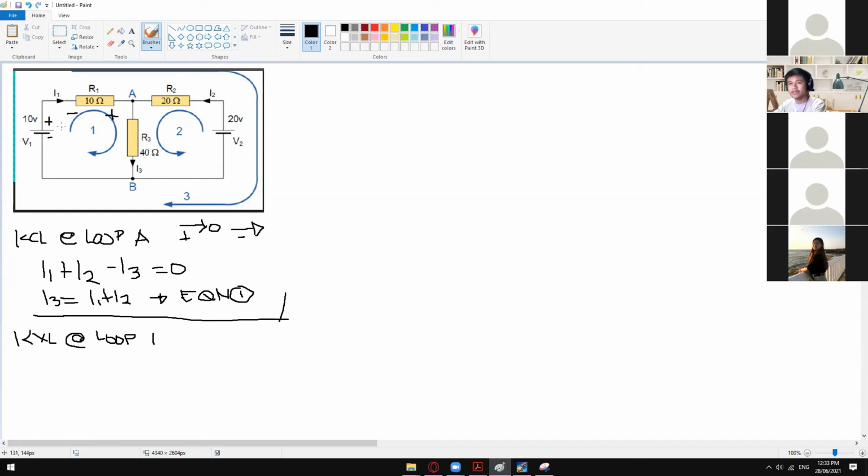Right here, if we follow the outer signage, we will get positive 10 volts, and at the same time we will also get positive I1 times R1.